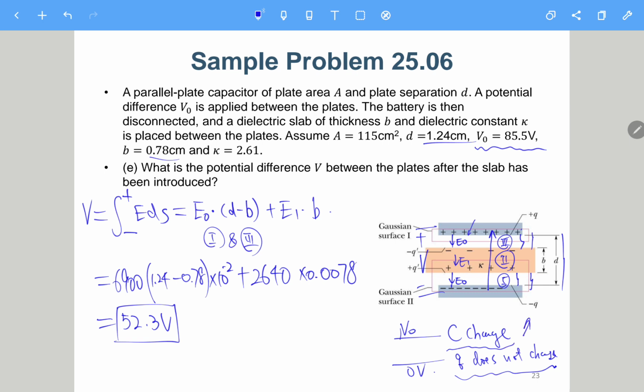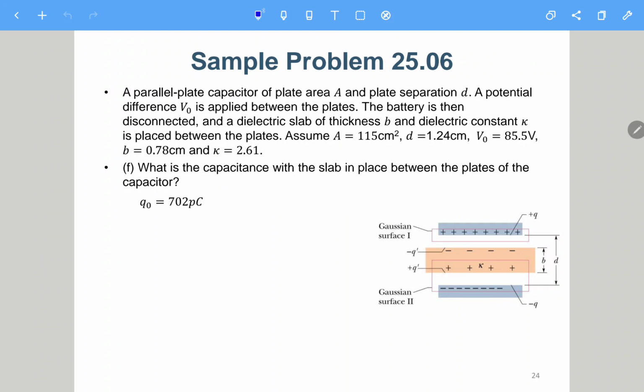We have Q equals CV, which means V equals Q over C. Q doesn't change, C becomes larger, so V must be smaller. This makes sense. If you calculated V to be larger than V0, it must be wrong. At least we know this might be correct. So this is for part E.